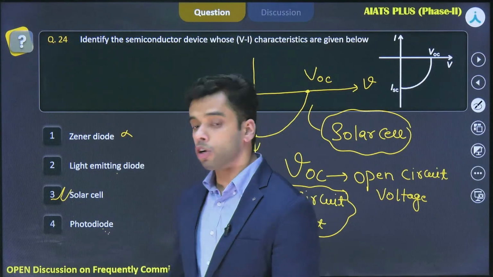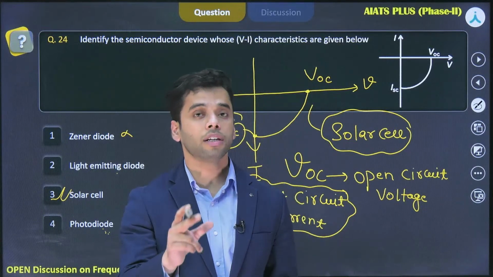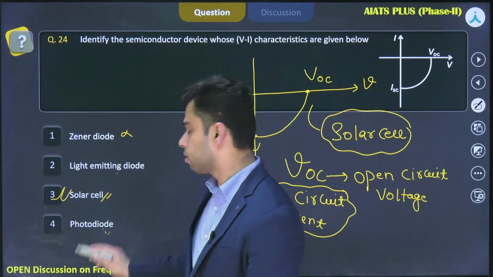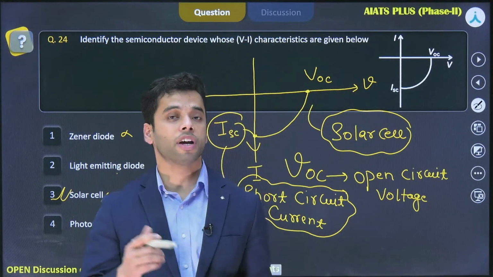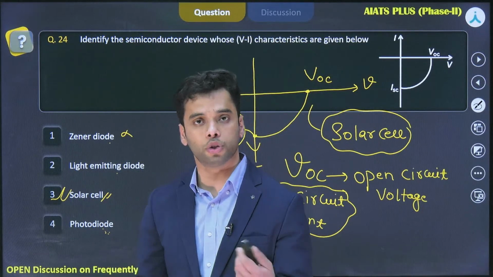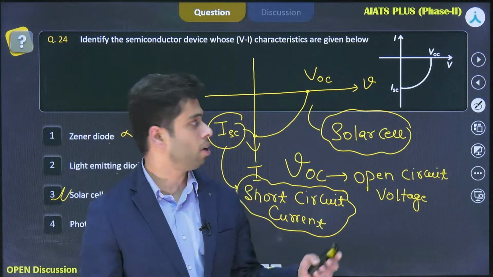So let's get back to the topic. For the photodiode, the IV characteristic will again lie in the third quadrant only, right? Yes, option 3, solar cell, is the correct answer. I am discussing the IV characteristic of the other options. For the Zener diode, I showed it to you. It works in reverse bias. The solar cell works in no bias condition.